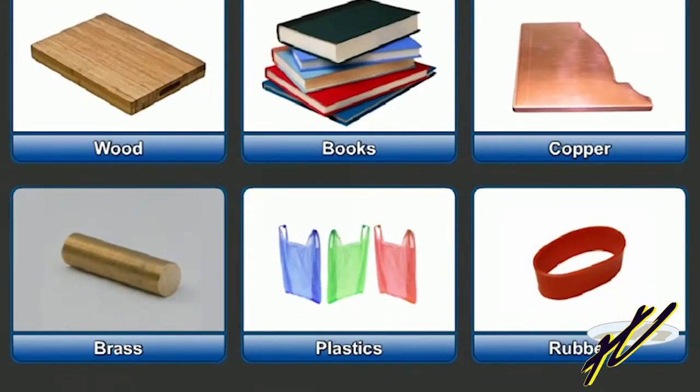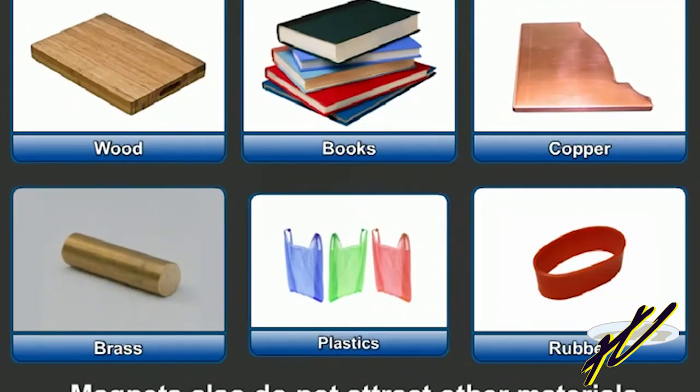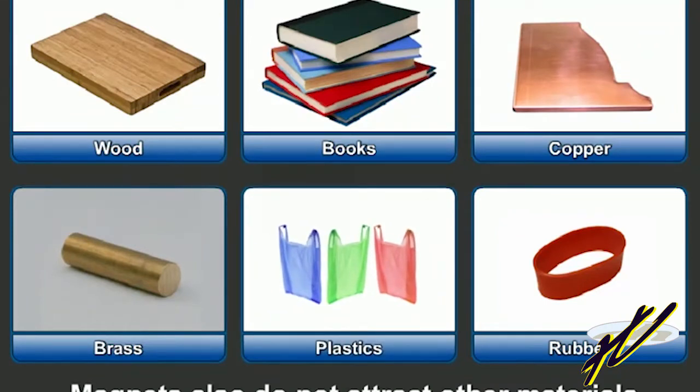Magnets also do not attract other materials like wood, books, copper, brass, plastics, rubber, and so on.